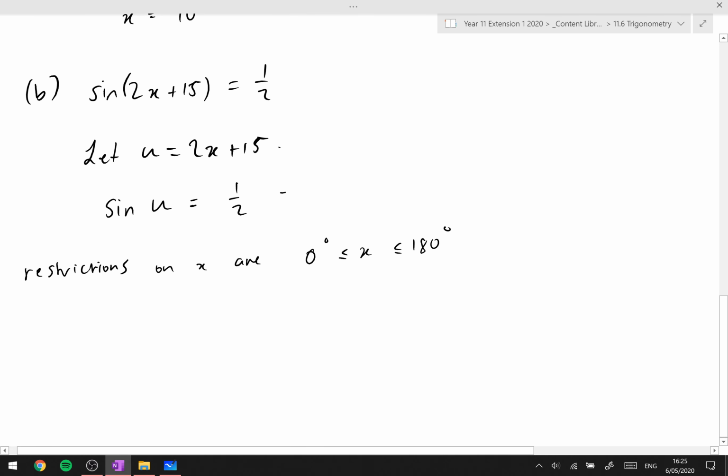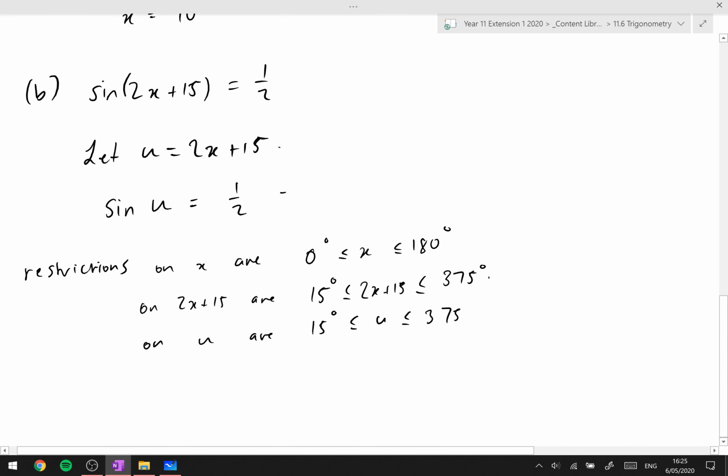Okay, so our restrictions on 2x plus 15 are that we're going to double this number and add 15 to it, so 0 plus 15, well, that's 15 degrees. And 2x plus 15 is going to be between 15 degrees, and I'm going to double 180, so that's 360, and then add 15, so that's 375. Okay, so 375 degrees. Okay, so that's our new restrictions. So on u, well, that's just 15 degrees, u, 375.